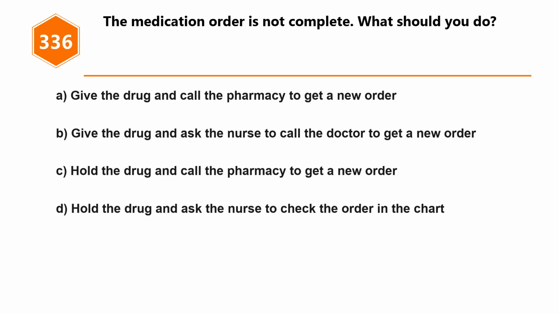Question 336. The medication order is not complete. What should you do? Option A, give the drug and call the pharmacy to get a new order. Option B, give the drug and ask the nurse to call the doctor to get a new order. Option C, hold the drug and call the pharmacy to get a new order. Option D, hold the drug and ask the nurse to check the order in the chart.